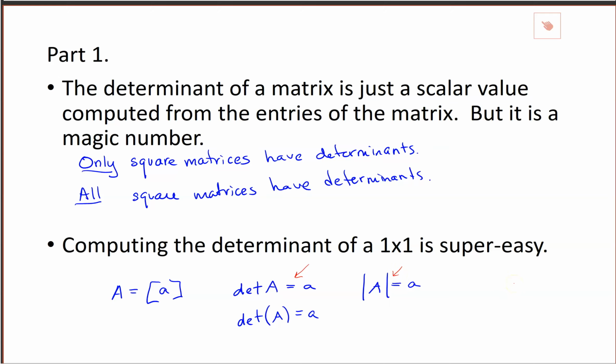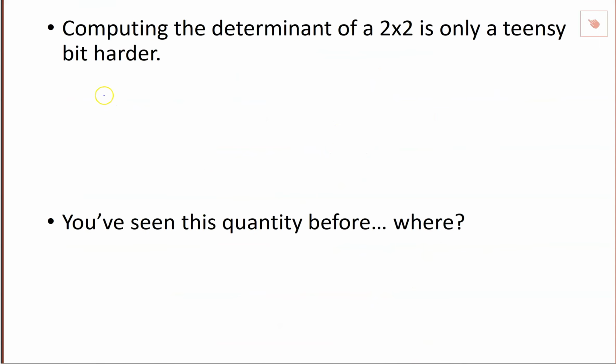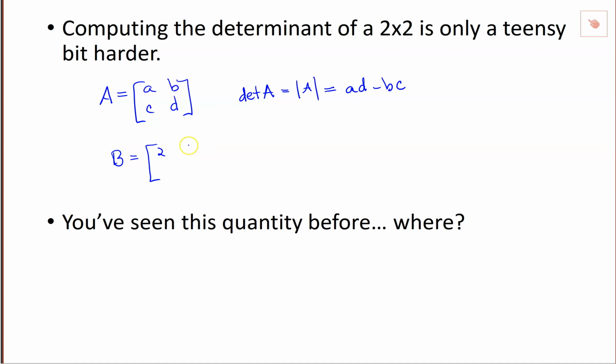No problem at all. Let's see how to compute the determinant of a 2 by 2 matrix. Let's look at our generic favorite 2 by 2 matrix, A, B, C, D, and I'll tell you how to compute the determinant of it. So here, the determinant of A is equal to A times D minus B times C. For example, let's say we have matrix B, with rows 2, 1 and minus 3, 4.